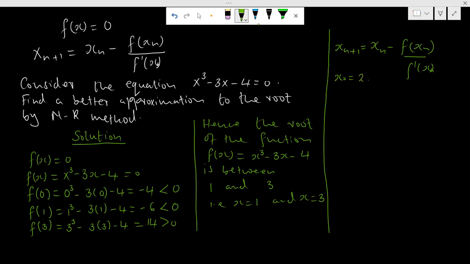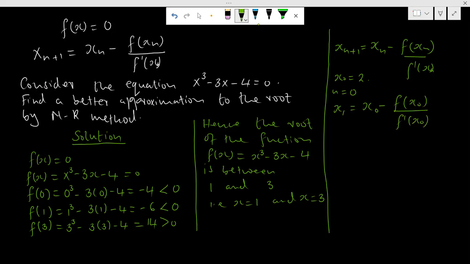So this means that when n is equal to 0, the Newton-Raphson formula turns to be x1 is equal to x naught minus f at x naught over f prime at x naught.